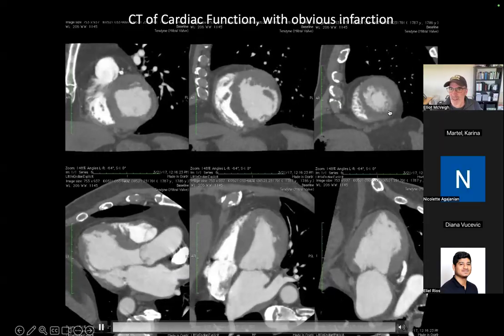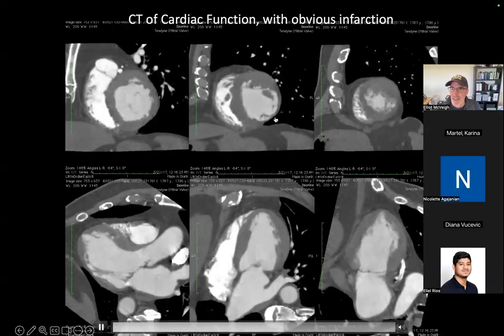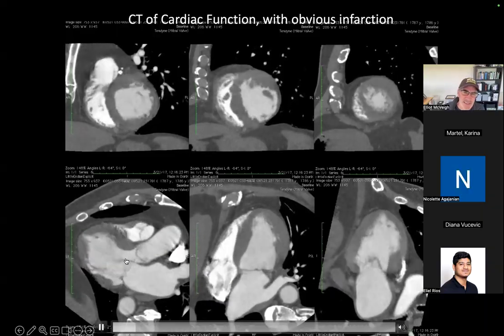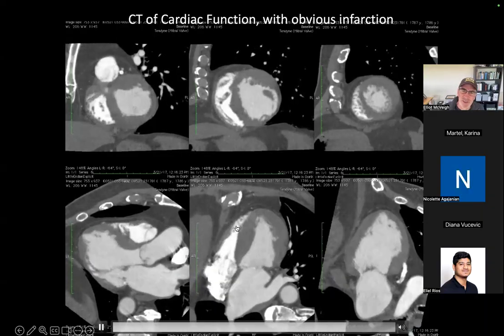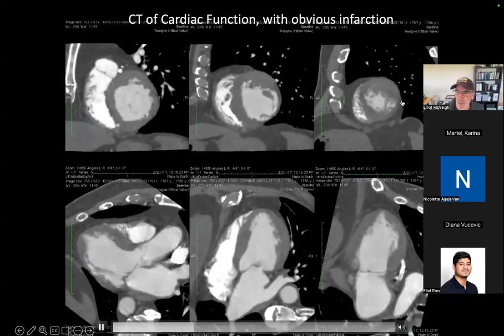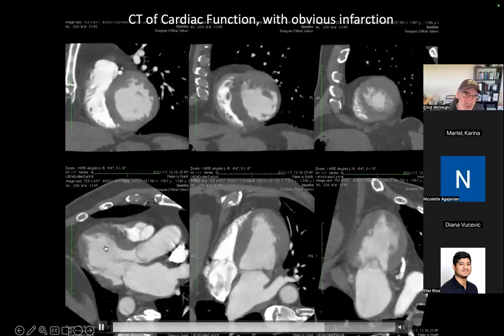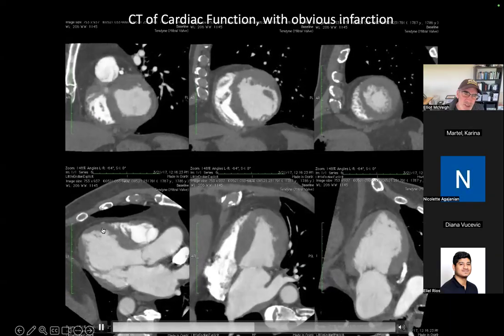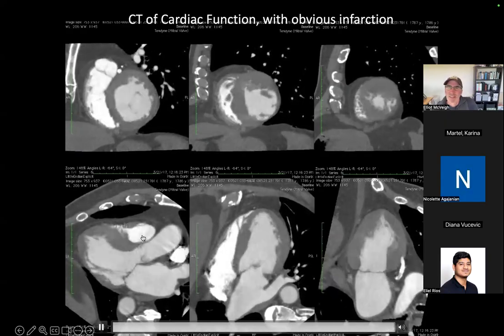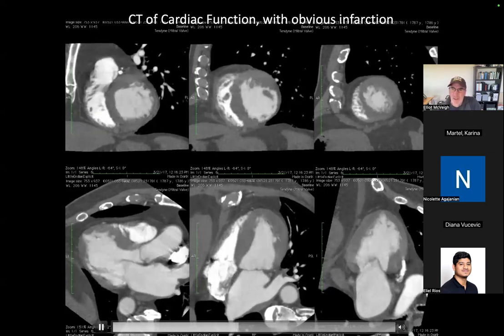It looks like the apical part, something bounces down into the apical direction, right? And so it's sort of pushing the wall back, it seems this way. And when we look in the long axis and try and find it, we see that there's this sort of strangely shaped thing going on here. So this is an obvious infarct in this patient.